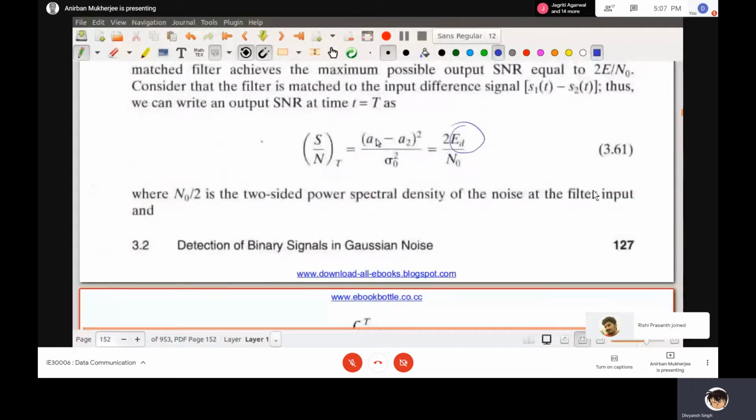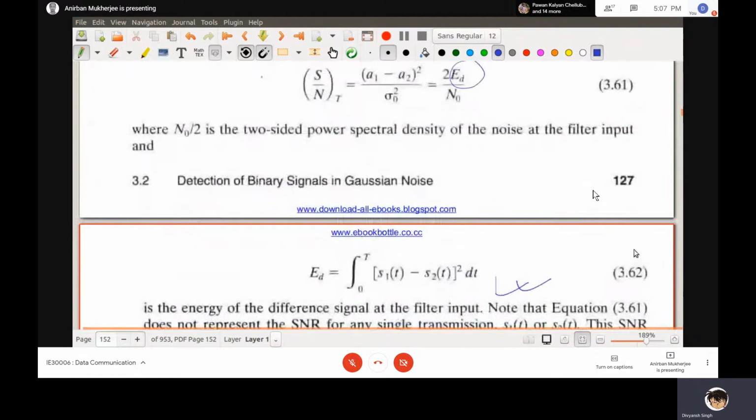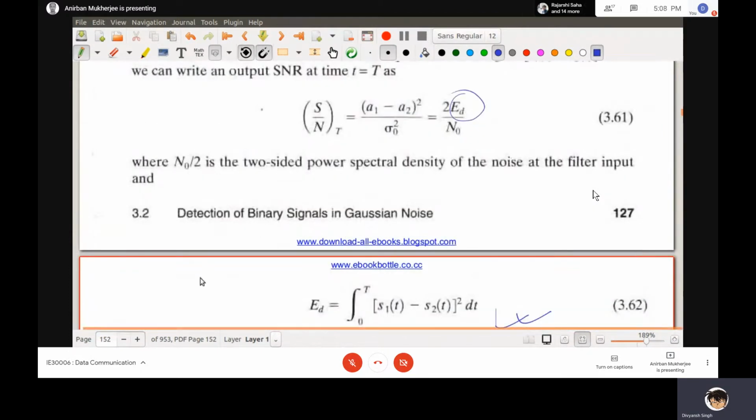And from the expression, I can write that (A1 minus A2) by sigma 0 is root over of 2ED by N0, so (A1 minus A2) by sigma 0 equals 2ED by N0.